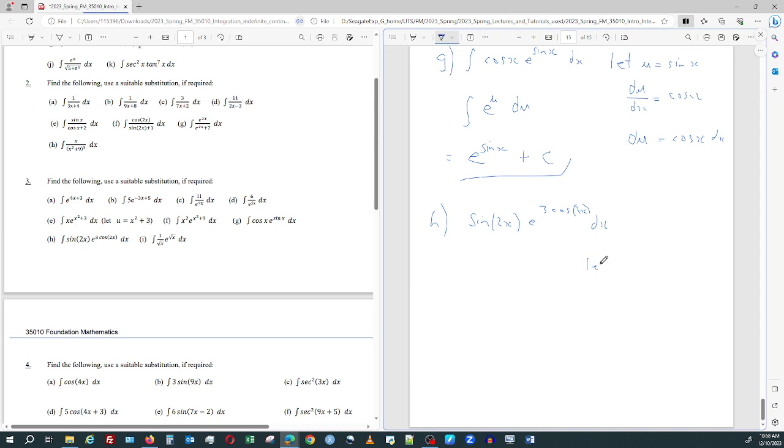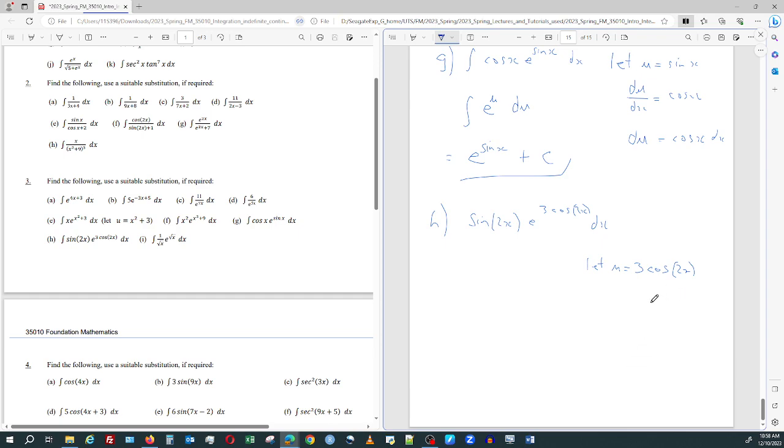So we'll let u equal 3 cos 2x. Now, because it is a chain rule, staying in the column means we have to do a chain rule before we can do our manipulation.